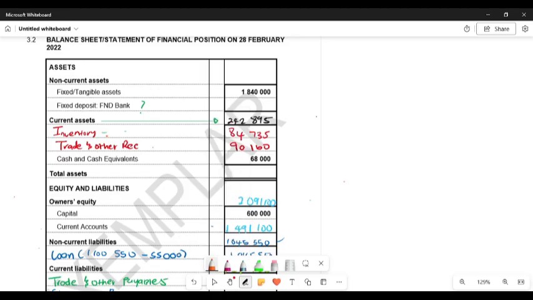Remember, total assets consist of your current assets plus your non-current assets, right? So if I find how much my total assets are, I would be able to find my total non-current assets. And as a result, if I have my total non-current assets, I can find exactly how much the fixed deposit is. Now, how would I find my total assets?